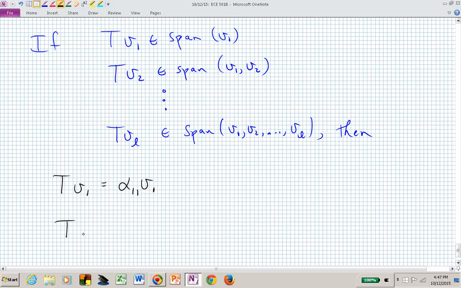What about T v sub 2? We now know that that could be some linear combination of V1 and V2 since it's in the span of V1 and V2.